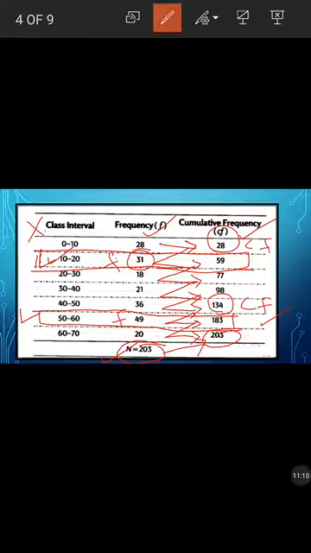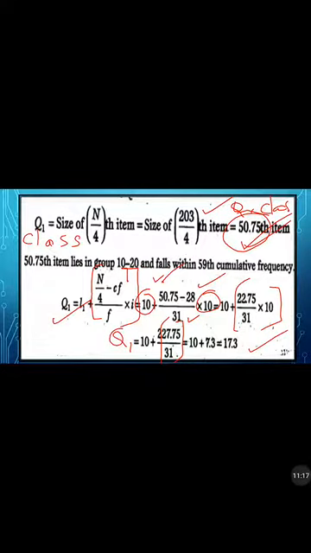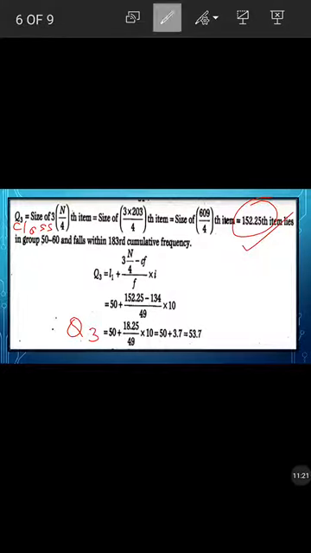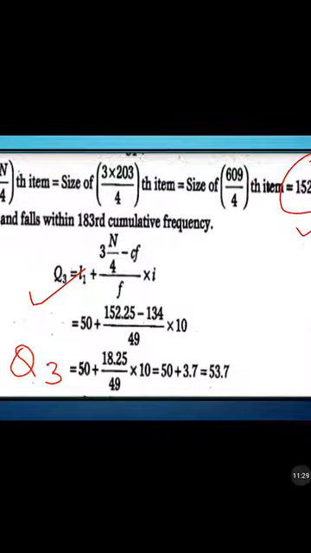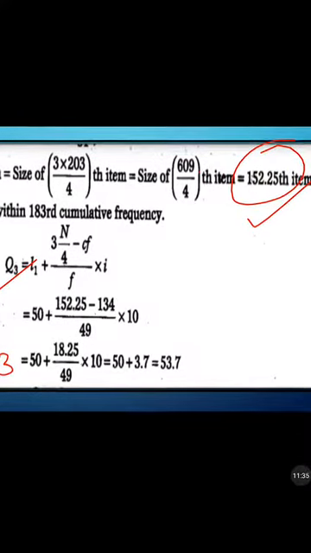Now we are going to substitute all these values in the formula of Q3 class and Q3, not Q3 class, Q3. So here you can see that in Q3 we are going to fill in all the values. L value is 50 here. So 50 plus 3 into n/4, that is 152.25, that we have taken here.